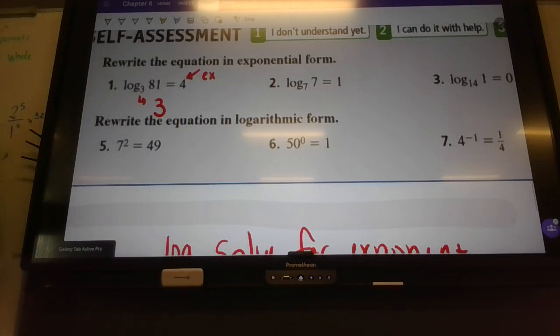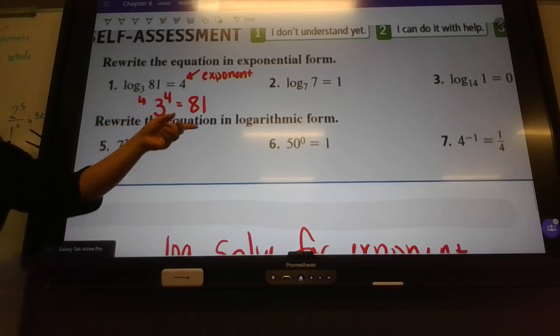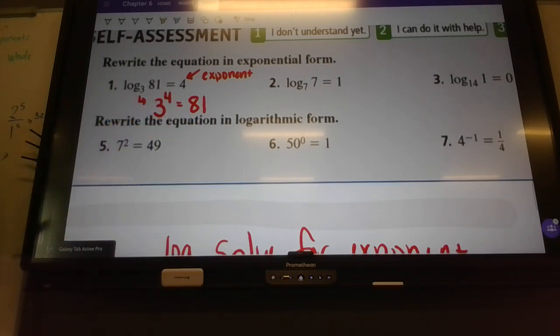The result of a log equation is an exponent, so that'll be 3 to the 4th equals 81. And that is true. I can check that in the calculator. 3 to the 4th is 81. This one reads 7 to the 1st is 7.